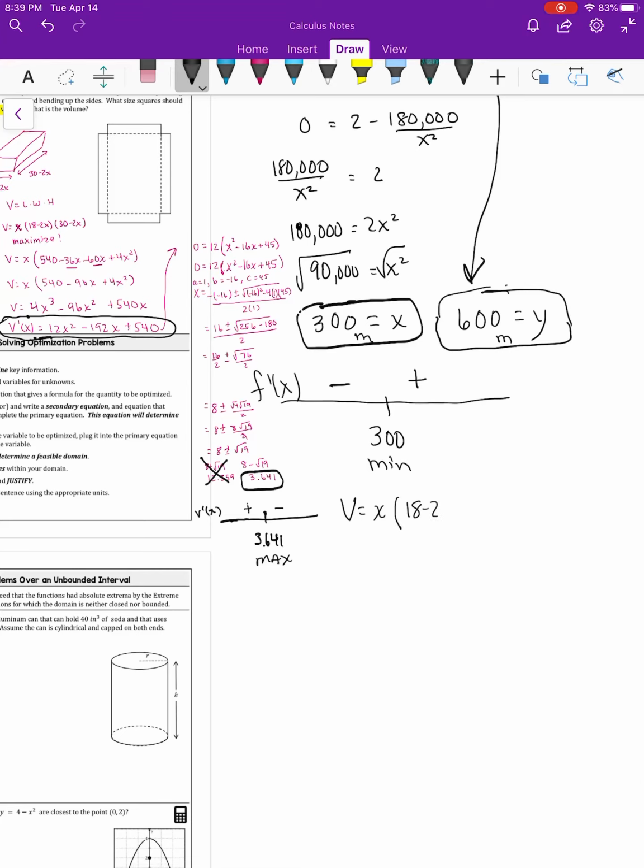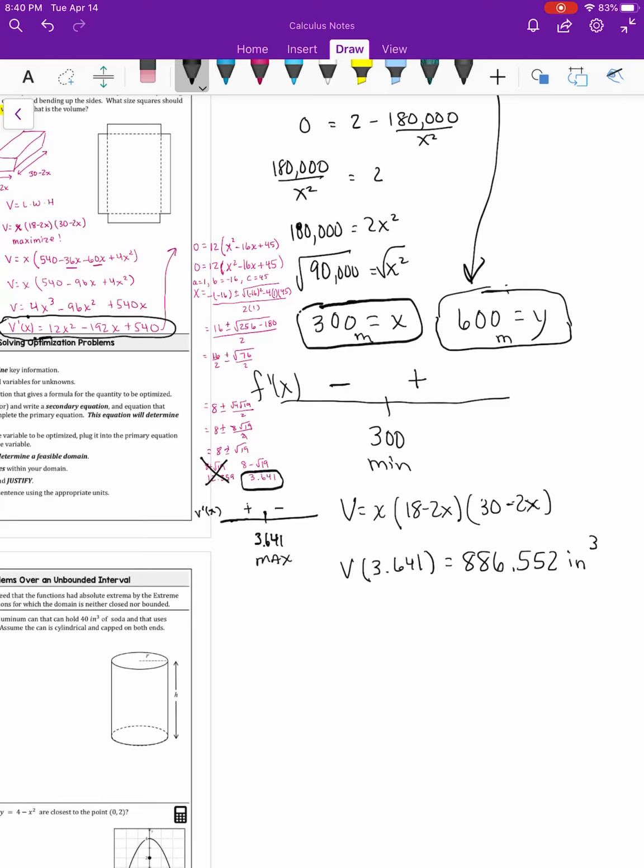And then what is that maximum volume? Well, since our volume equation was x times 18 minus 2x times 30 minus 2x, I can put 3.641 in and calculate that volume.